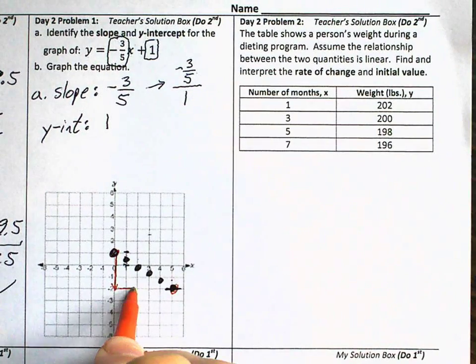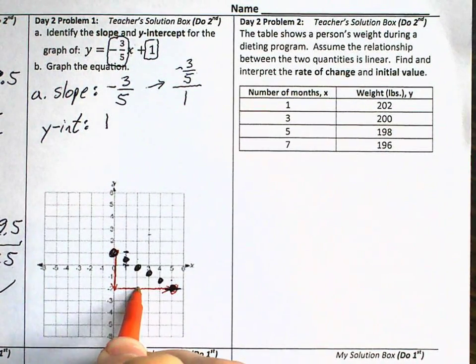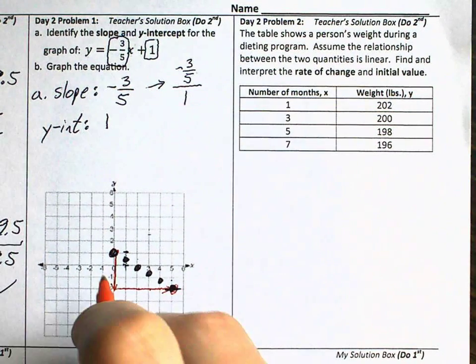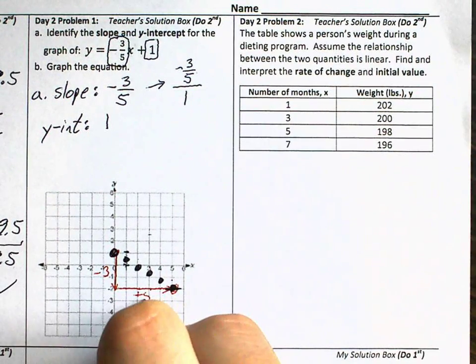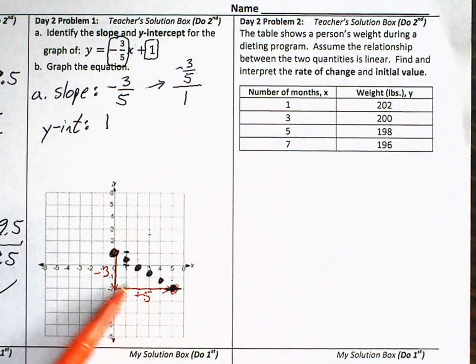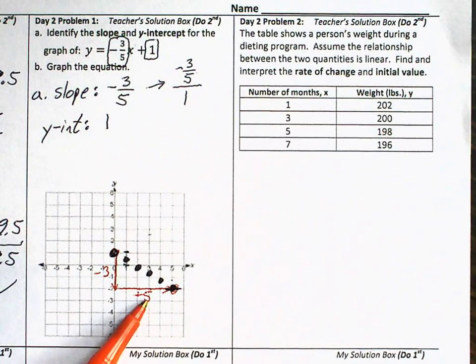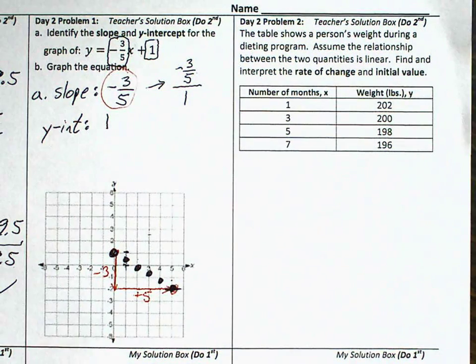And the x value has increased 1, 2, 3, 4, 5 spots. That decreased 3. That increased 5. Think of this as a rate of change. Negative 3 over 5. That's what our slope was to begin with.